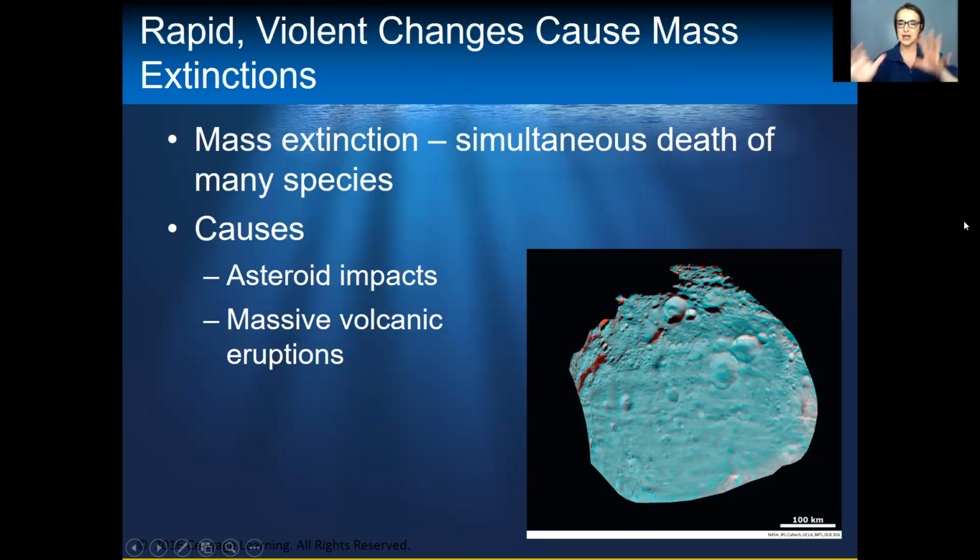And last but not least, this one is a little random, but I'm just throwing it in there. So of course, with evolution, there are going to be some things that aren't necessarily biological that can affect evolution. The biggest proponent of this is going to be some type of catastrophic event, kind of a rapid, violent change that can cause a lot of animals to die off and cause a lot of animals to have to very rapidly meet those evolutionary rebounds in order to continue to survive.